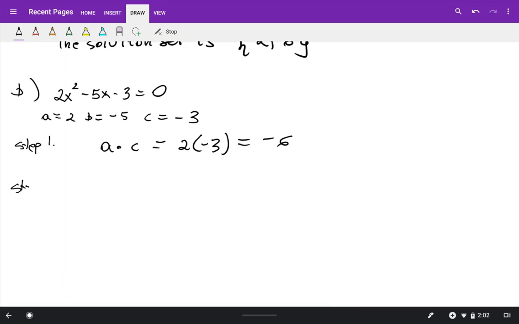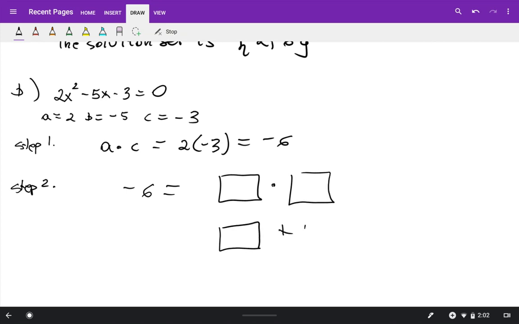Step 2, I need to find two integers which by multiplication will give me negative 6, and exactly those two integers by addition have to give you b, which is negative 5. So again, don't forget that this is b and this is ac.